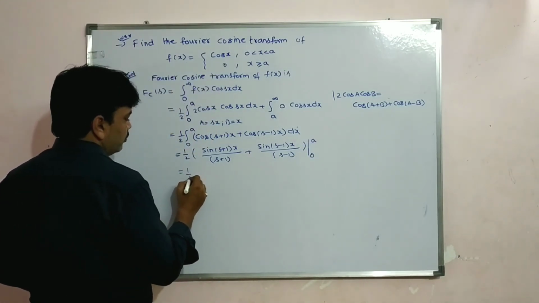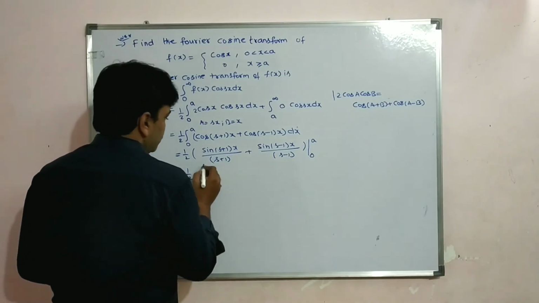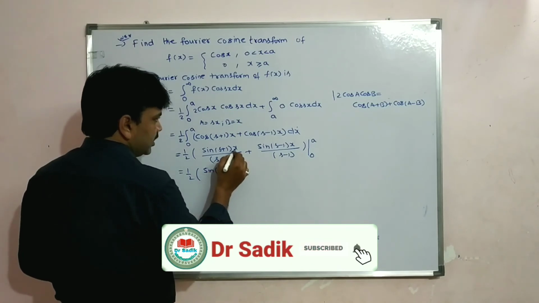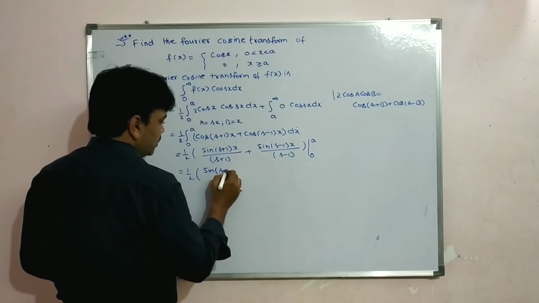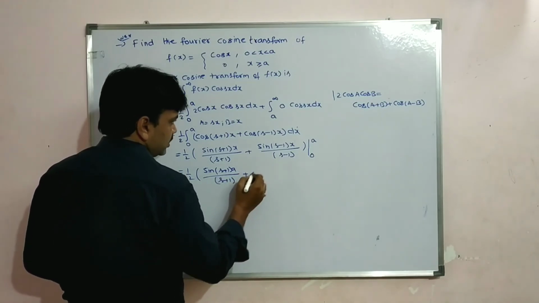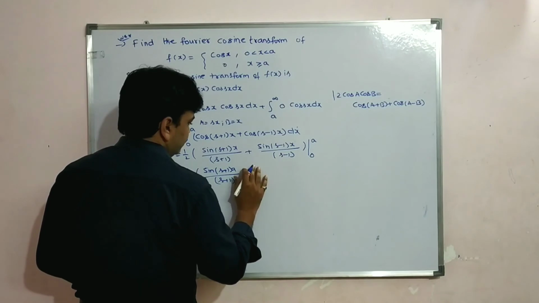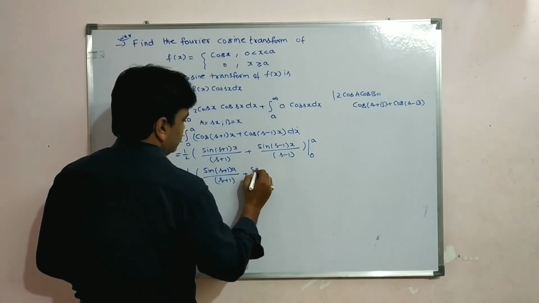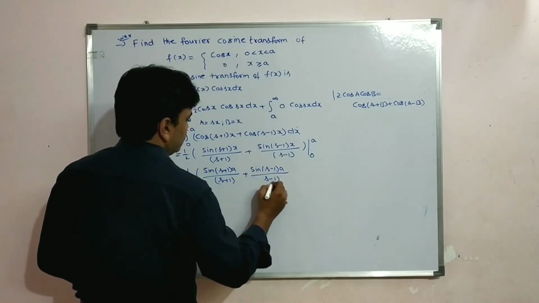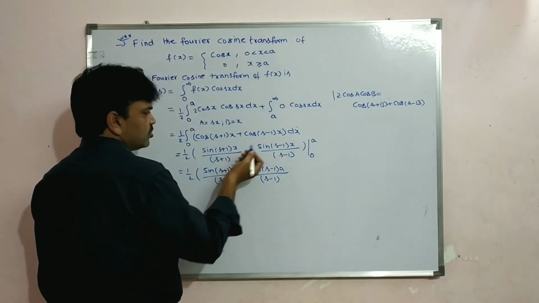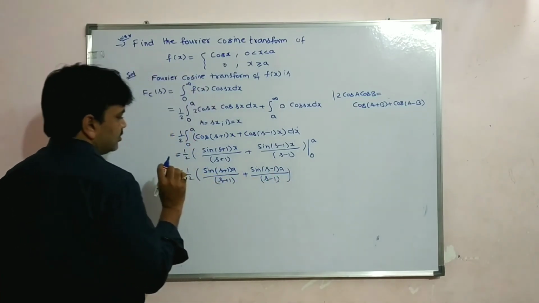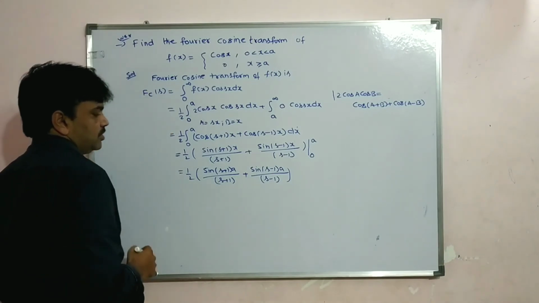So that is equal to 1 by 2 into bracket sin of s plus 1 into a by s plus 1, plus sin of s minus 1 into a by s minus 1. Substitute the lower limit, students, sin 0 value 0, sin 0 value 0. So this is the Fourier cosine transform of the given function, students.